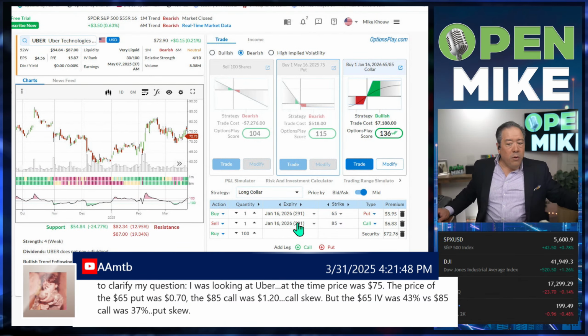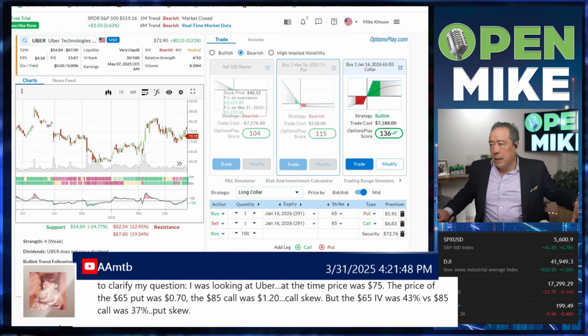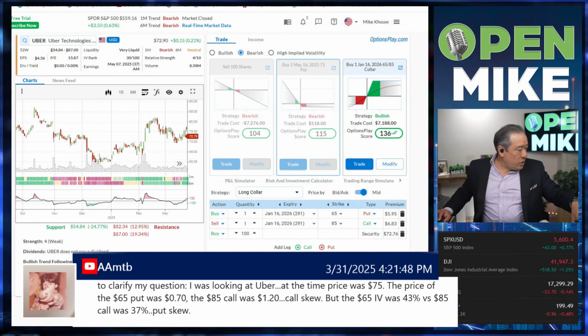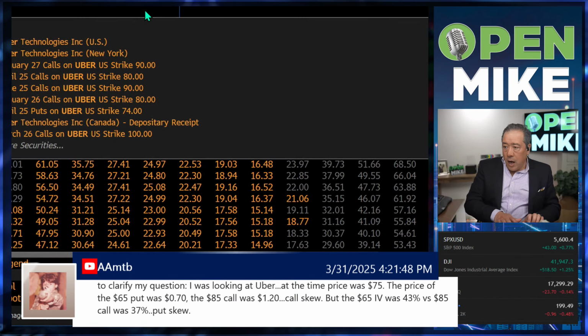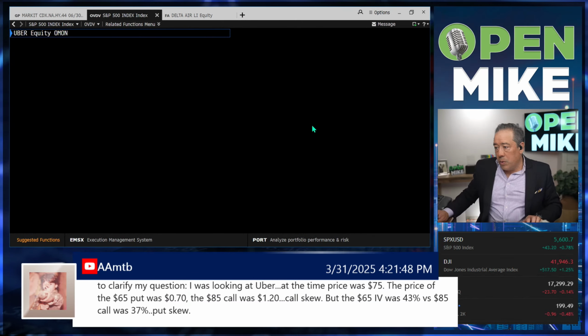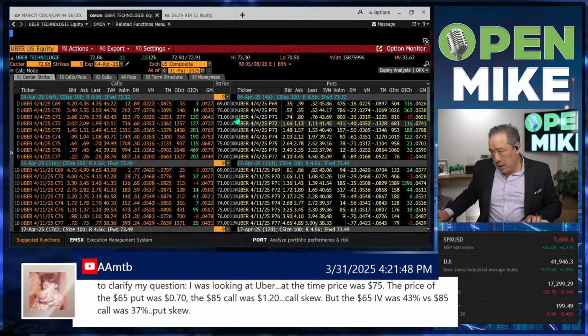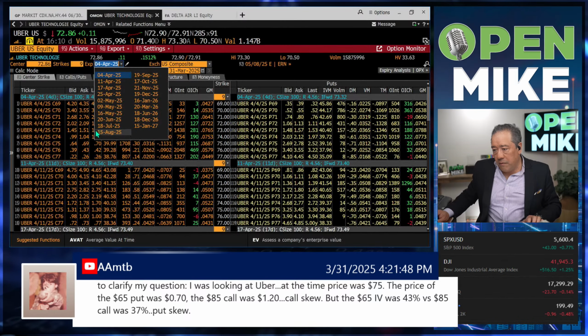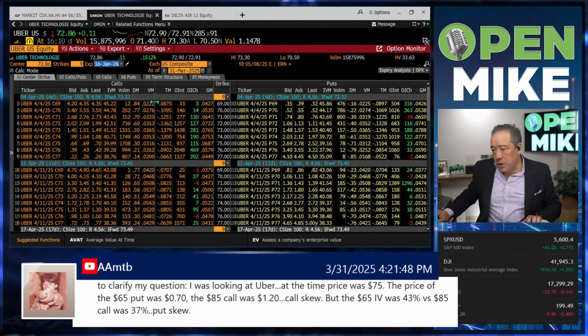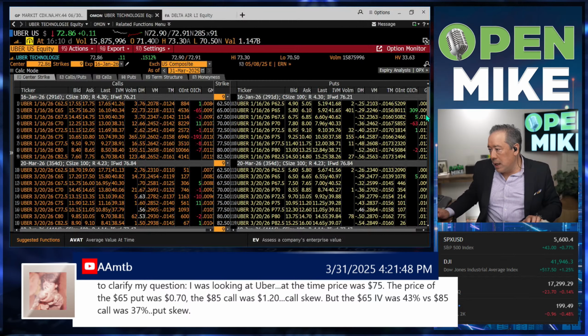Well, there's 291 days to go until expiration. So let's just see really quick. I'm going to look at what the options market has for Uber's January risk-free rate. For that, I'm just going to quickly advance out to the January options, January 2026. And the risk-free rate that's being used there is 4.3%.